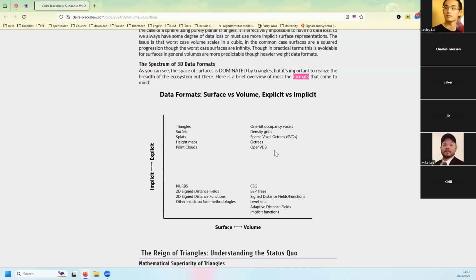OpenVDB is like a hierarchical volume format. It's like a tree structure, but at certain levels it stores explicit voxels. From what I heard about sparse voxel octrees, it's only useful for rendering, not that good for other purposes, and even for rendering it may not be the most efficient format, so I just don't bother to learn what that is.